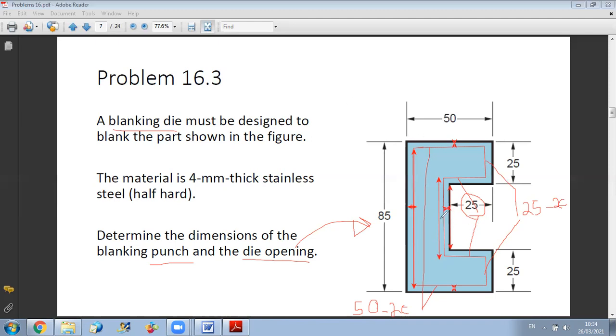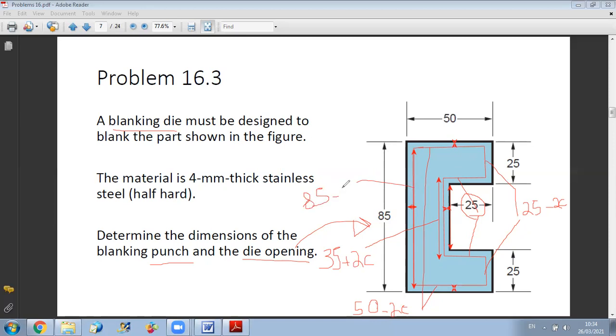So this length here will be 35 plus 2C. You can verify this also: this length is 85 minus 2C, you subtract from it 25 minus 2C two times, so you get 35 plus 2C. And finally, this one is 85 minus 2C.